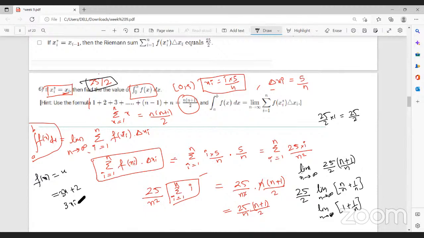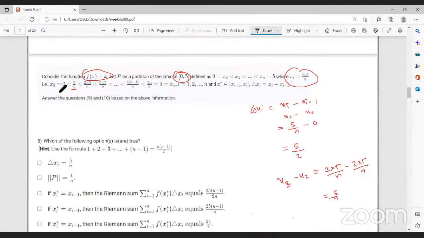It is 3xi plus 2, that will be 3 into i into 5 by n plus 2. Then you calculate. Just put this value in place of x. In the question, it is mentioned that xi star equals xi. That's why.